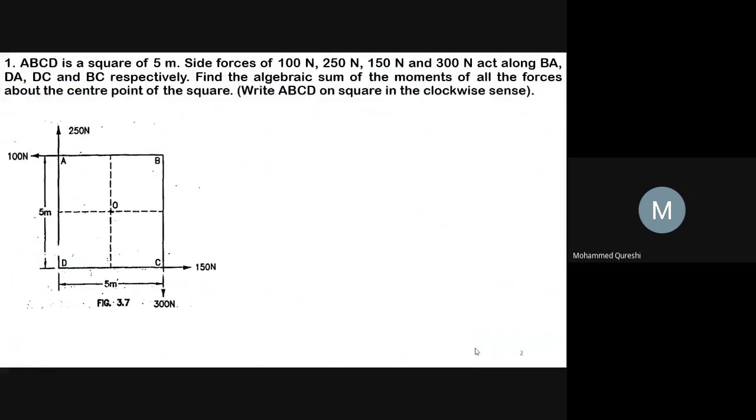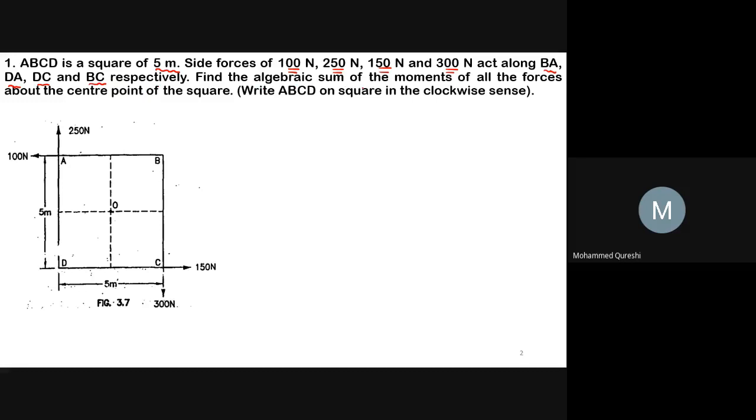In the first example, it is given that ABCD is a square of 5 meter and side forces of 100 Newton, 250 Newton, 150 Newton, and 300 Newton act along BA, DA, BC, and BC side respectively.